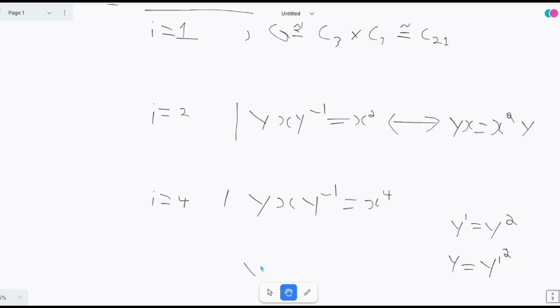And then y prime squared x y prime to negative 2 equals x to the 4.